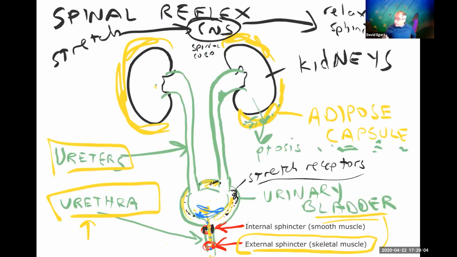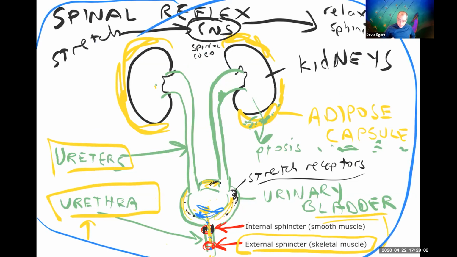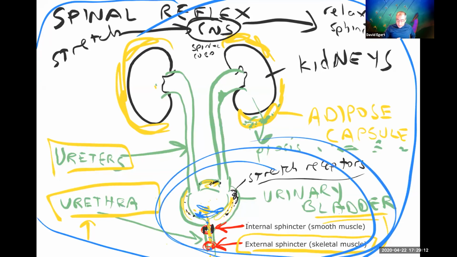So that's all I want to say about this bigger picture. We're going to see a similar system of internal and external sphincters when we get to the digestive system. In your digestive system, you also have an internal anal sphincter and an external anal sphincter. As your rectum fills up with feces, you have a spinal reflex.